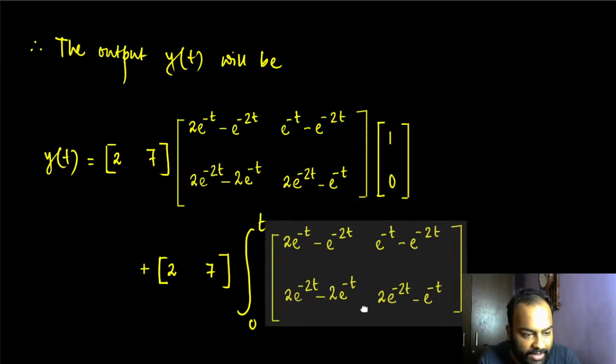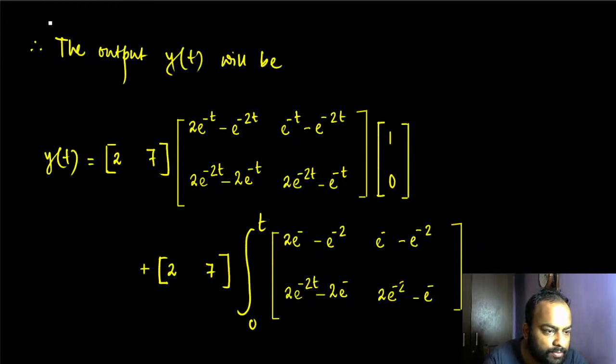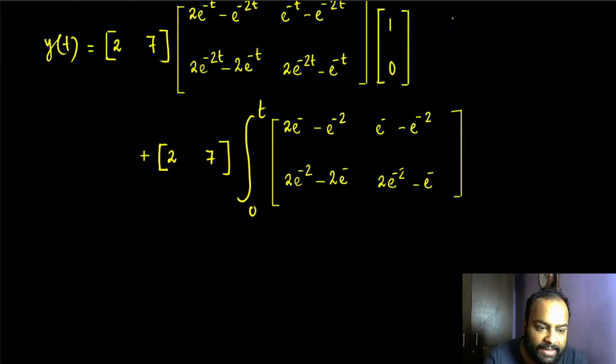Now how do I convert that to e to the power a tau? Simply by replacing this t with tau. By simply replacing this with tau correspondingly, I now have e to the power a tau, just like that.